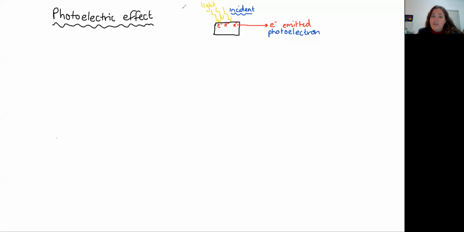And the particles of light are called photons. So since we have a photon striking an electron, when the electron is emitted, it's called a photoelectron. Photo, if you think about the word photography, is linked to light.